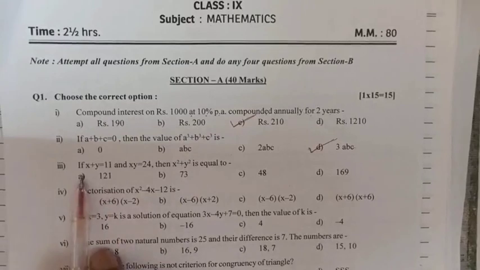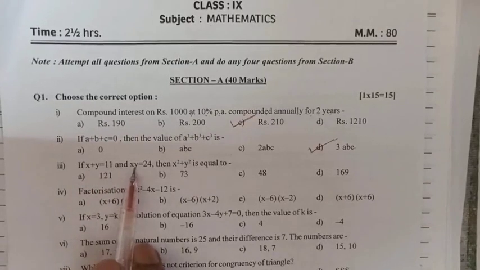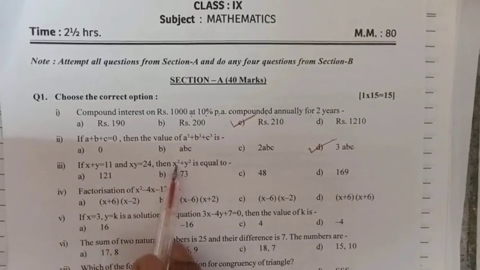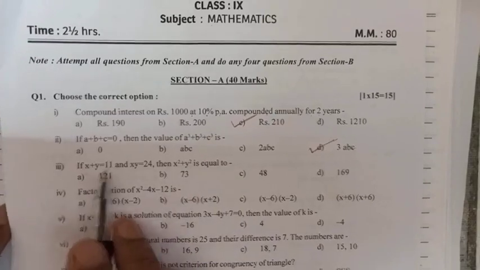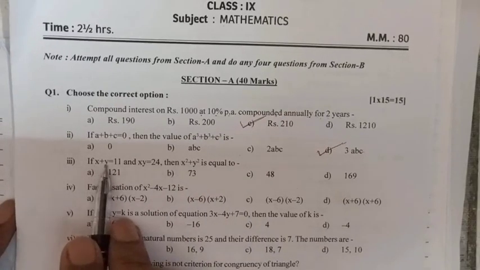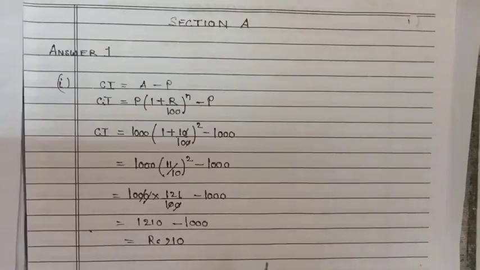Then x + y is given to us as 11, xy is 24, and you have to calculate x² + y². I will show you the working of this one. x + y is equal to 11, xy is 24.